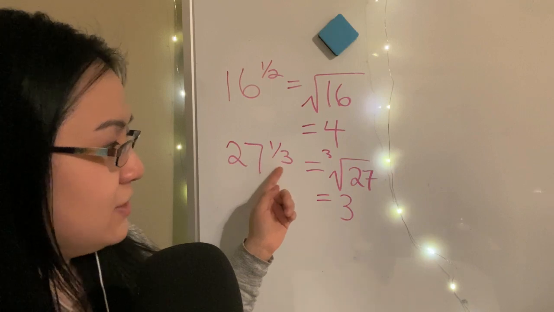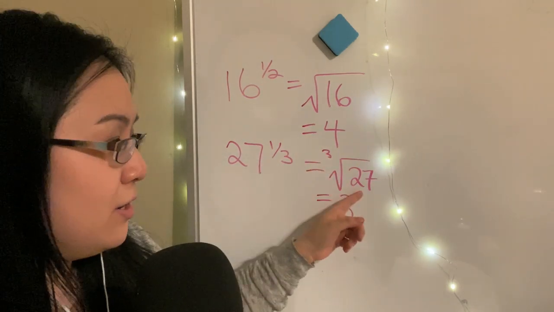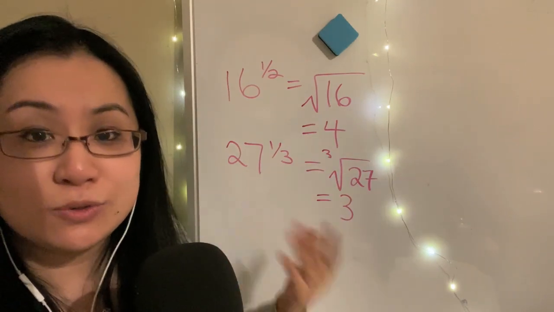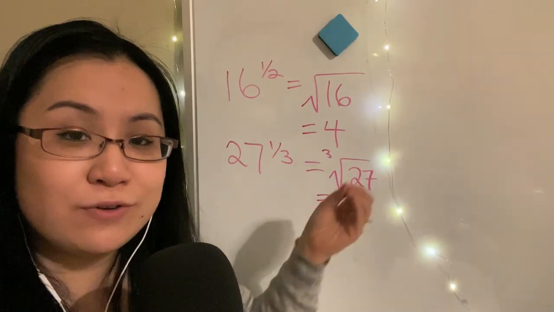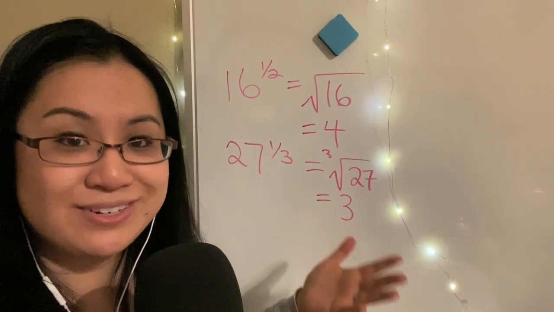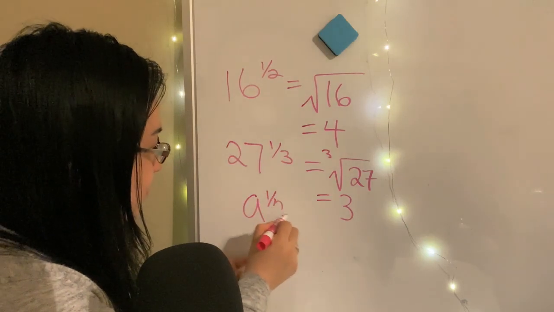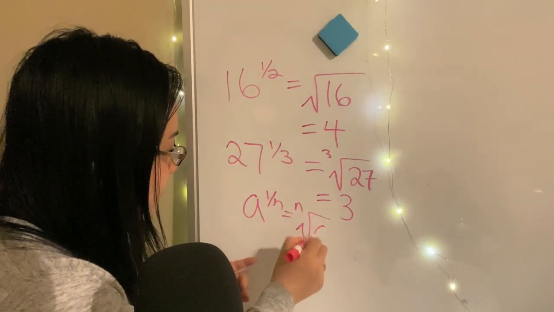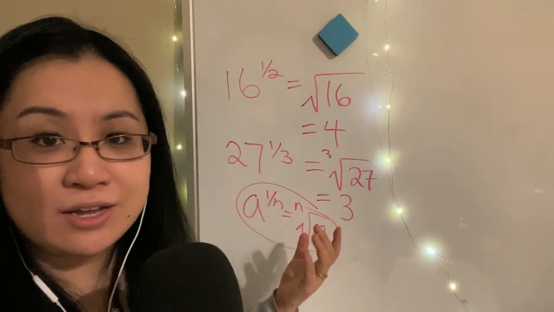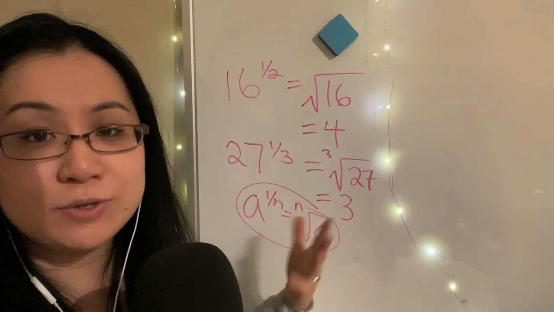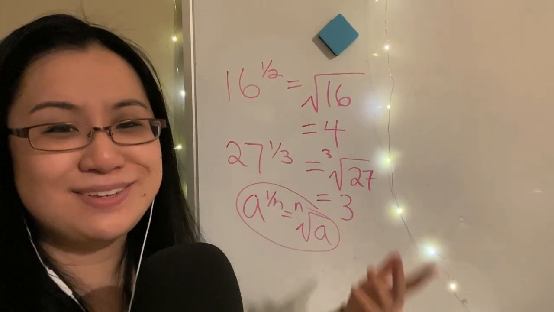But by definition, our 1/3 exponent is the cube root of whatever base. So our general rule is going to be a to the 1/n is the nth root of a. And so a to the 1/7 would be the 7th root of a. So what number times itself 7 times gives me a.